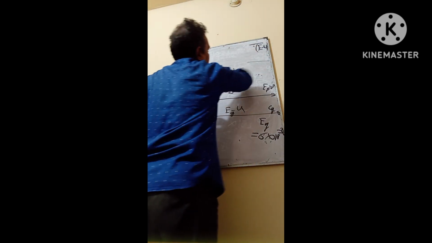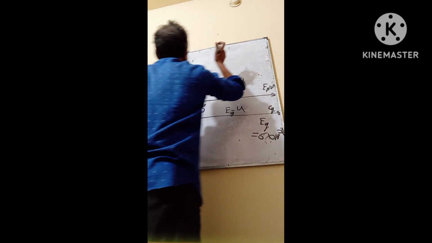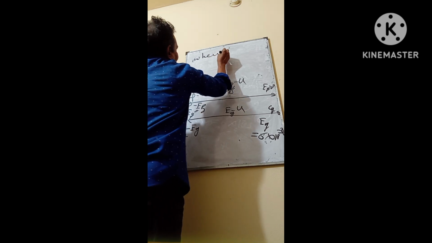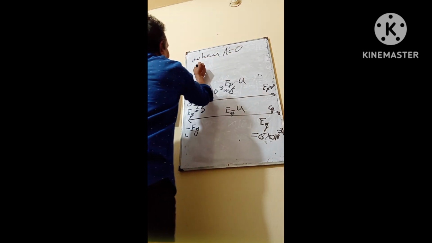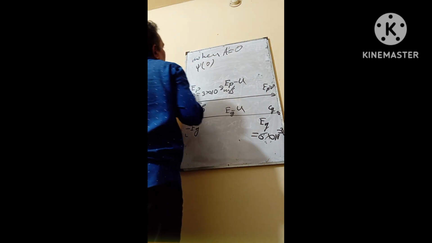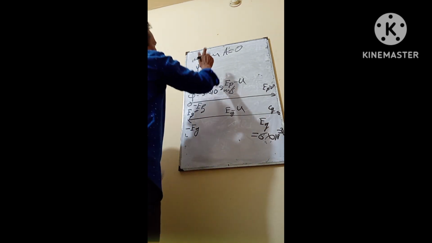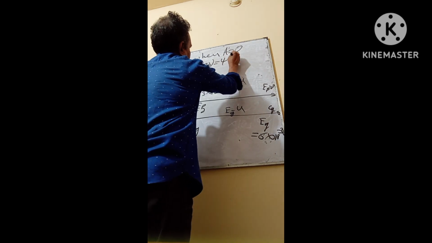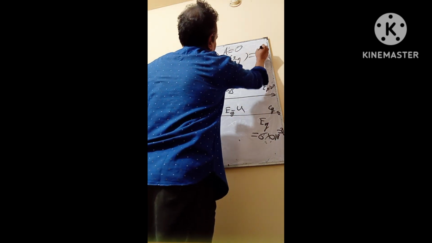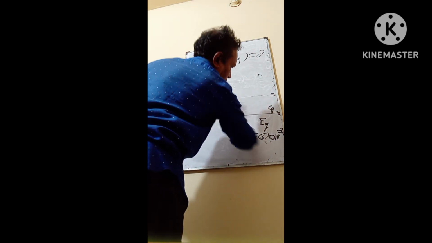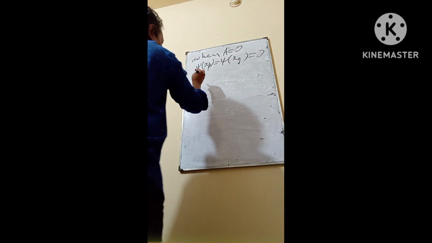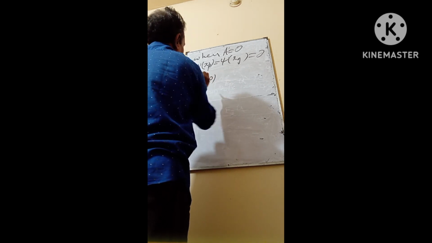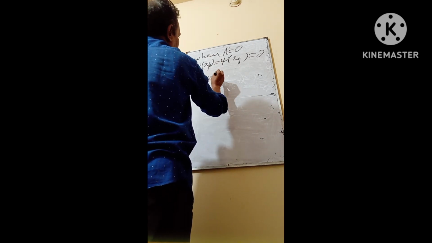Now we have to discuss when A is equal to 0, the eigenvalue is equal to 0. Eigen x is equal to 0. A value is 0.